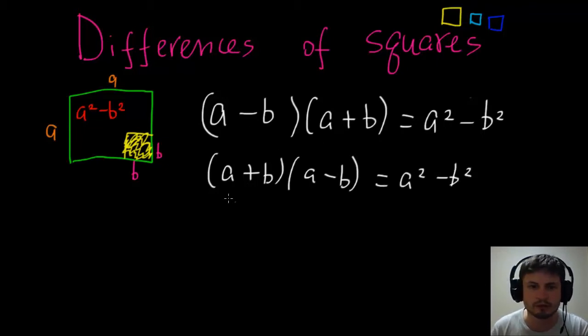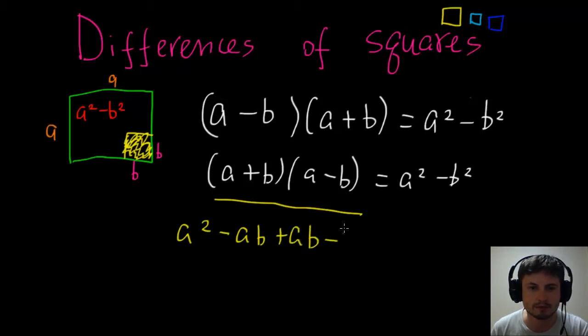And we can of course check this algebraically, so if we FOIL this out, we'll get A squared minus AB plus AB minus B squared. And these two terms will cancel out to give us A squared minus B squared. And that's how you can check this algebraically.